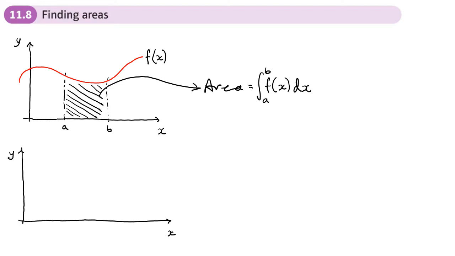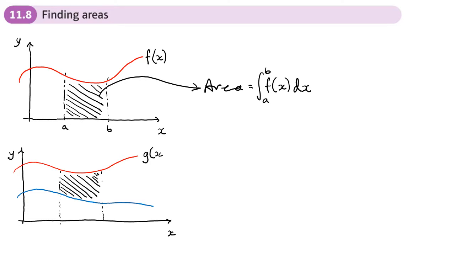So let's say I had a curve like that, and another one that went like this, and I want to find the area between them. Let's say I want to find this area here, and this is the graph of g of x and this is the graph of h of x.